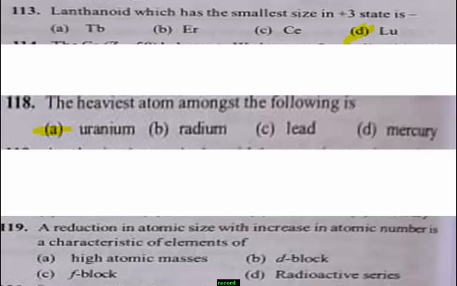Remember this very important point. It is known as lanthanoid contraction and also actinoid contraction. This is due to the poor shielding effect of electrons present in the F subshell. If we know this point, option C, F block, is the right answer for this question.